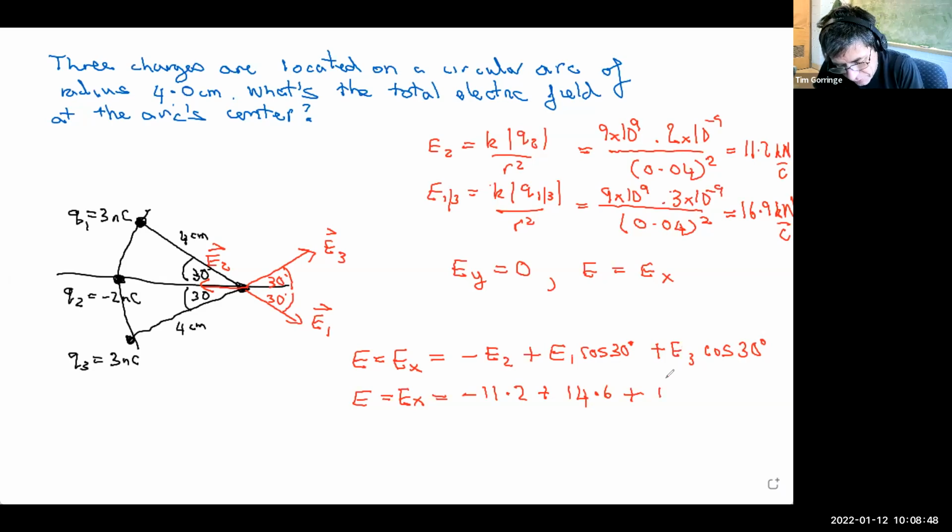So it's also going to be 14.6 kilonewtons per coulomb. And if I add all these contributions up, I got 18 kilonewtons per coulomb. And so that's the answer to this problem, that the resulting electrical field has a strength of 18 kilonewtons per coulomb, and it's all in the positive x direction.